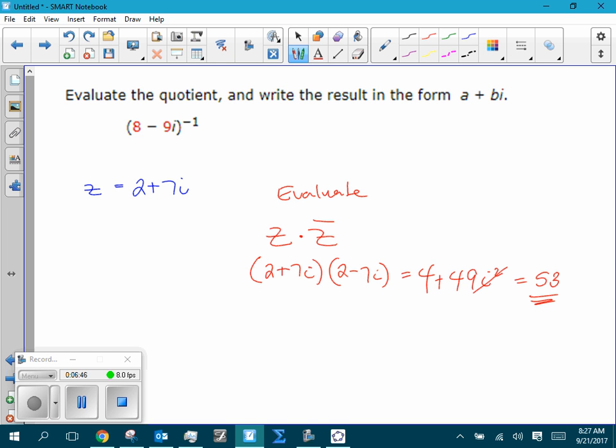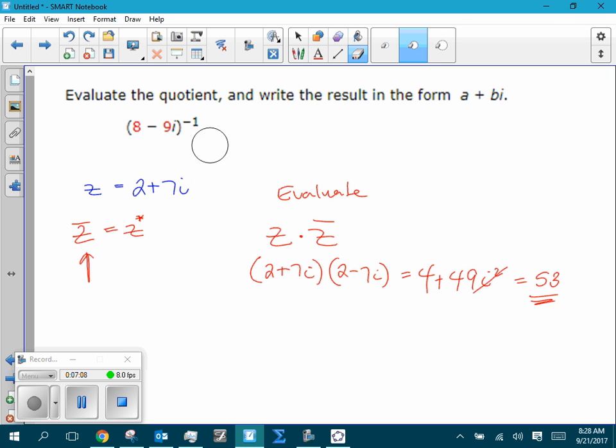Just a notation thing. I don't think you'll ever see it in this class, but sometimes another way of notating z bar is z with a superscript of an asterisk. Okay, but this is the one I think WebAssign is going to stick to for the most part.